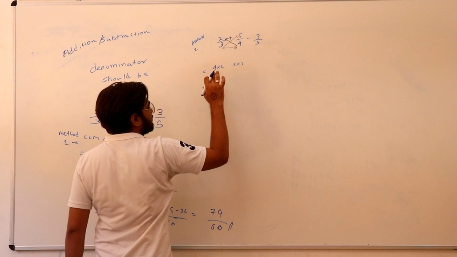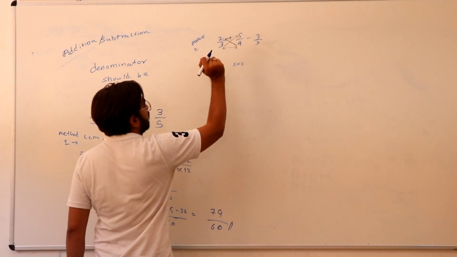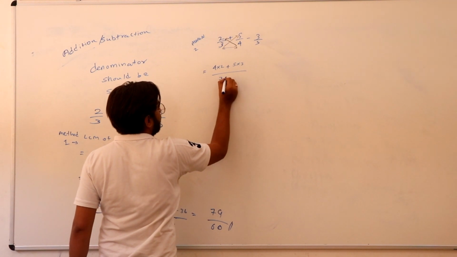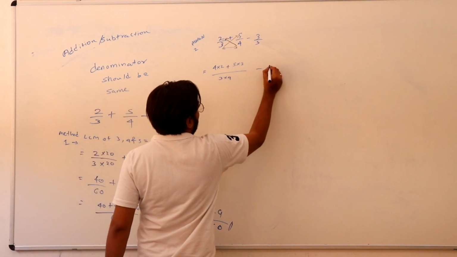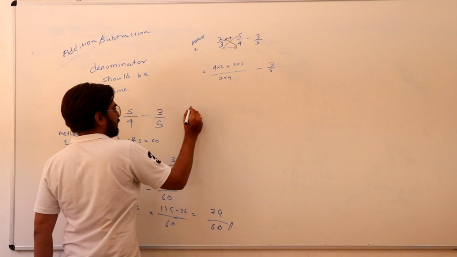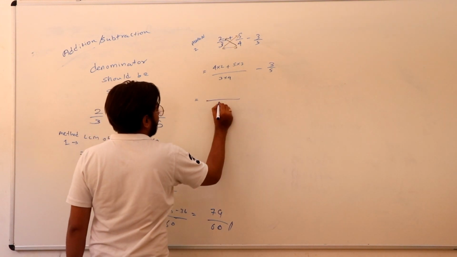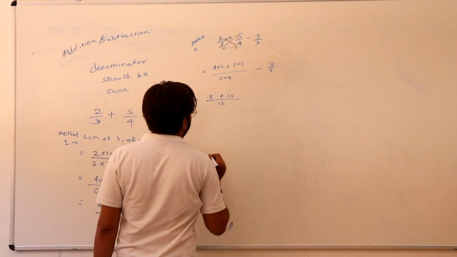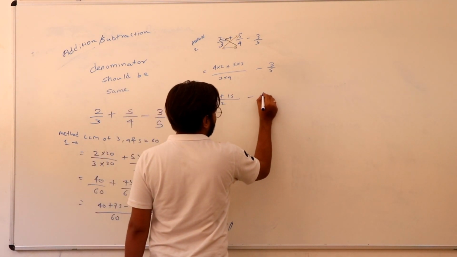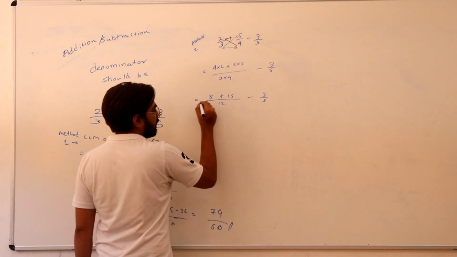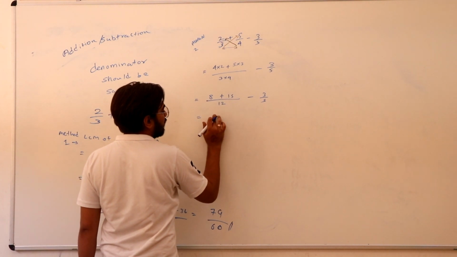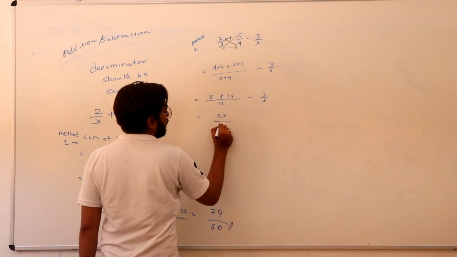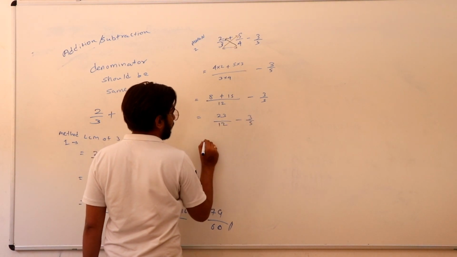Because both are positive numbers, there is no change of sign, so I will put the same sign as it is, divided by 3 into 4. Minus 3 upon 5 is retained. 3 4s are 12, 4 2s are 8, 5 3s are 15. 15 plus 8 gives me 23, divided by 12, minus 3 upon 5.